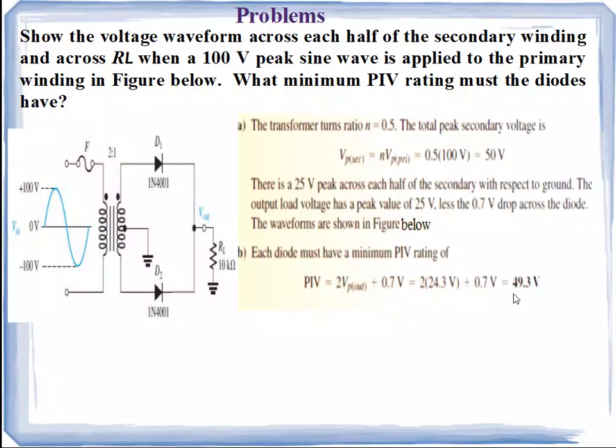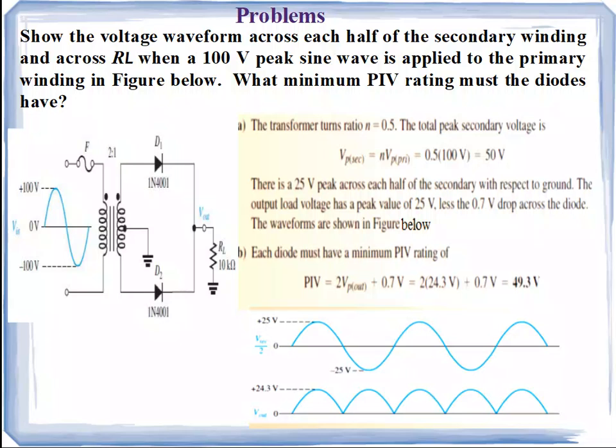So to find the PIV, you have to use 2Vp minus 0.7 volt. Minus 0.7 is basically the diode voltage drop. So you have to use this, and then we can get this. And what is the waveform? This is the waveform. Here this is the maximum, the peak voltage is 50 volt, right? So I think it is clear for you.